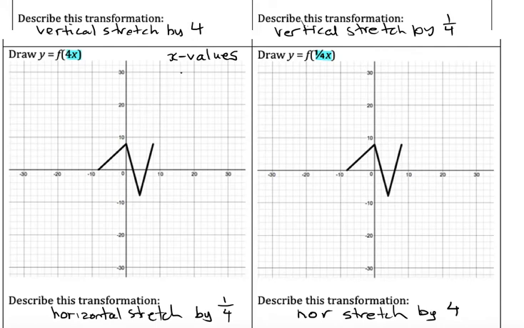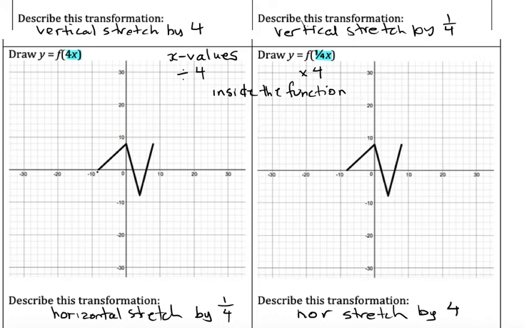Okay, so what we're going to do is we're going to divide the x values by 4 here, and we're going to multiply the x values by 4 here. So you're always doing the opposite. Okay, notice that this is inside the function, and so when it's inside the function, then it affects the x, and when it's outside, it affects the y.